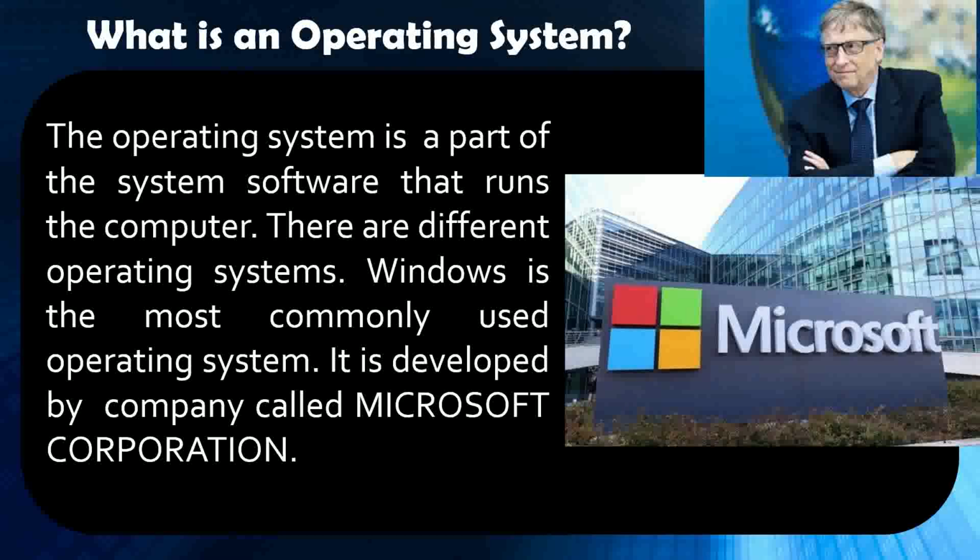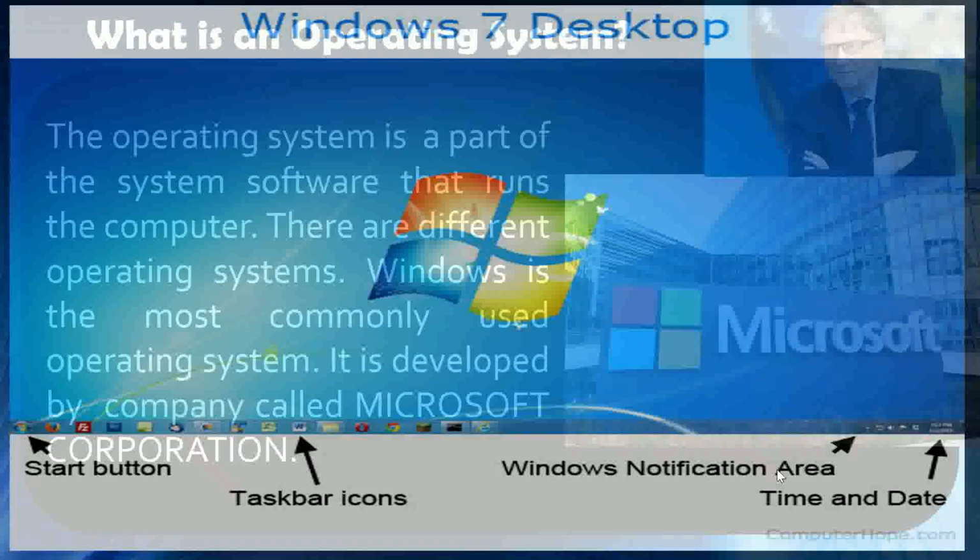To run the computer, an operating system is very important. One operating system is Windows. Windows is the most commonly used operating system and it was developed by Microsoft Corporation. Who is the founder of Microsoft? That is Bill Gates. Everyone knows him, right?